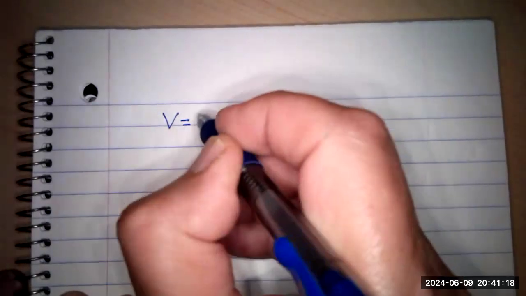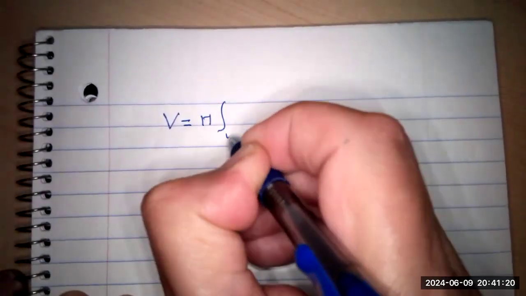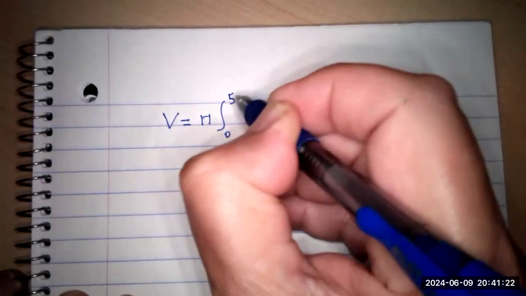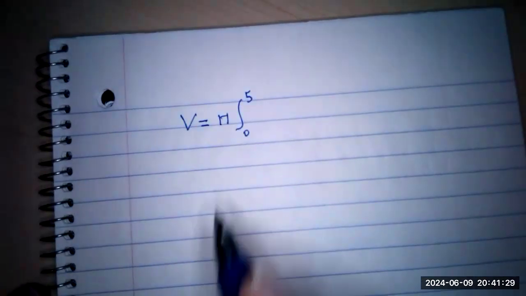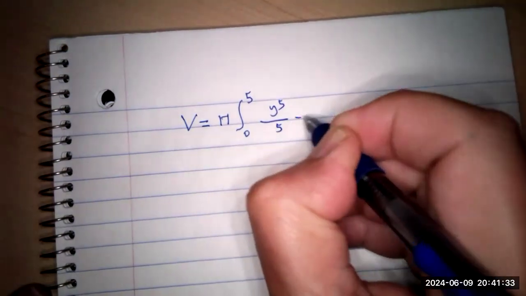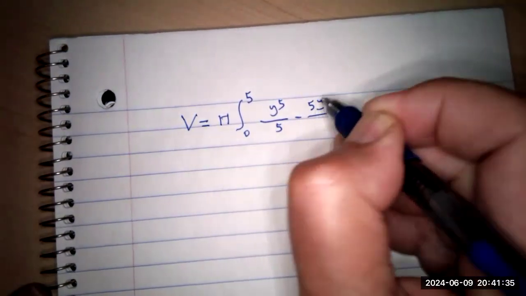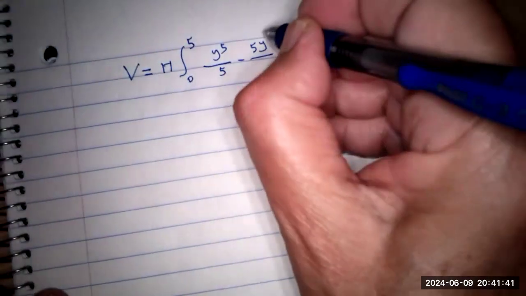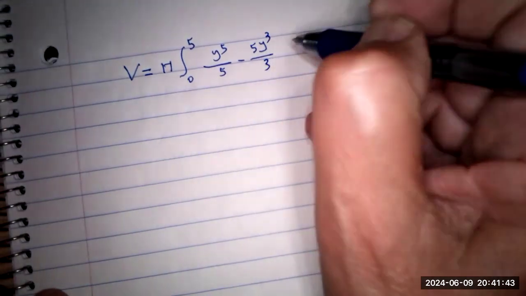V equals pi, integral from 0 to 5. I'm checking again. The first one was y to the fourth, so that's going to be y to the fifth over 5, minus, and the second one, 25y squared, so that's going to be 25y cubed over 3.